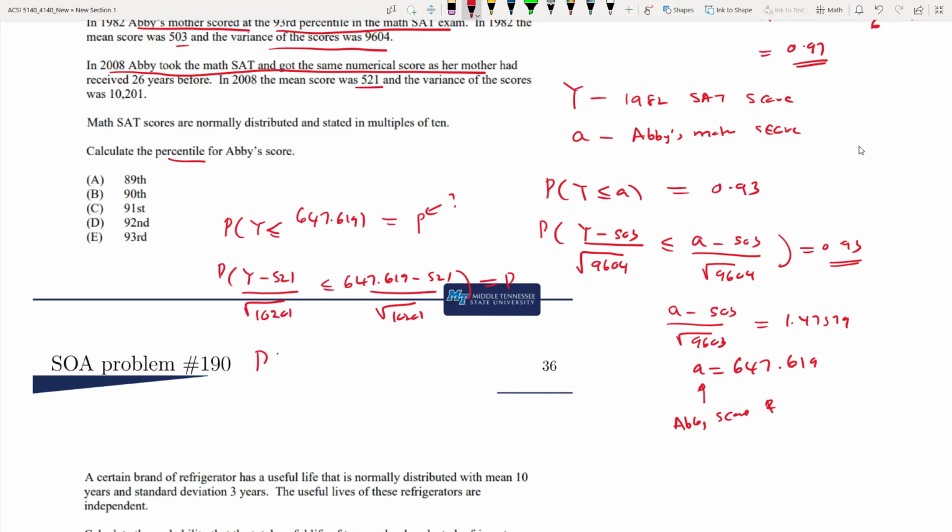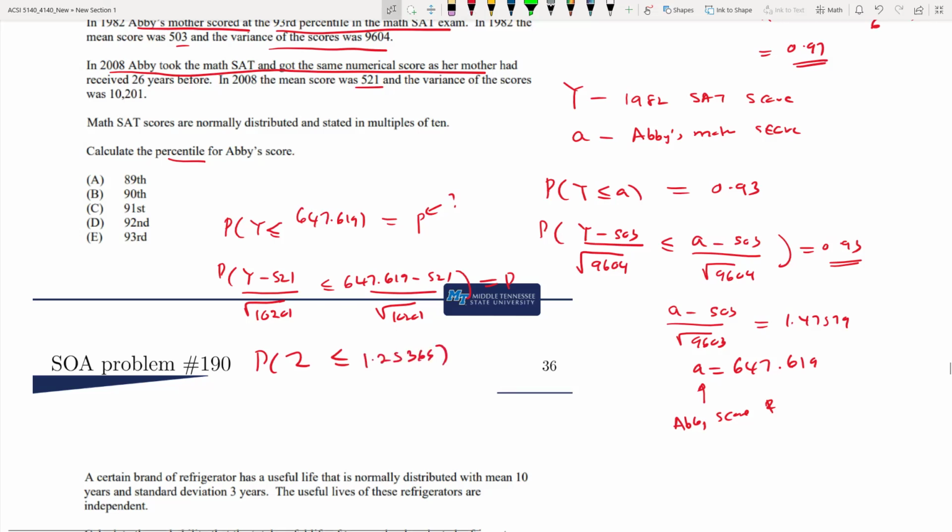No problem. So this is now standard. So this becomes 1.250366.